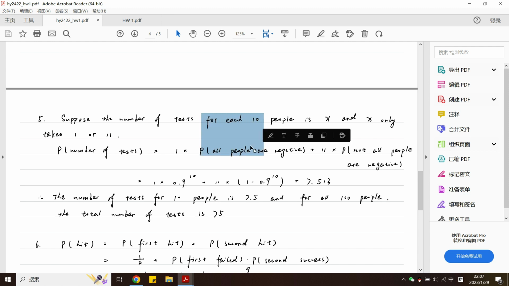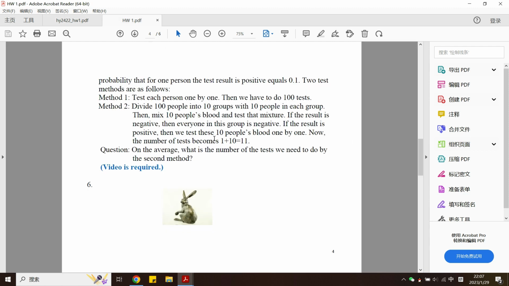Firstly, we look at the case where all people are negative. In this problem, the probability that for one person the test result is positive equals 0.1, which means the probability that for one person the test result is negative equals 0.9.